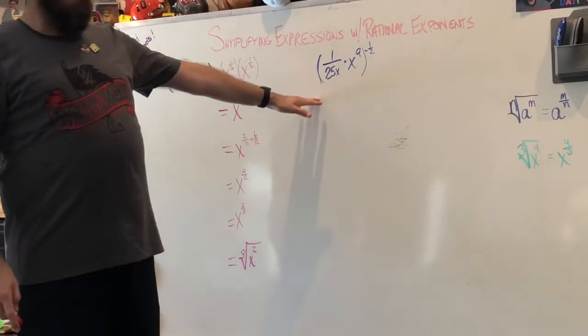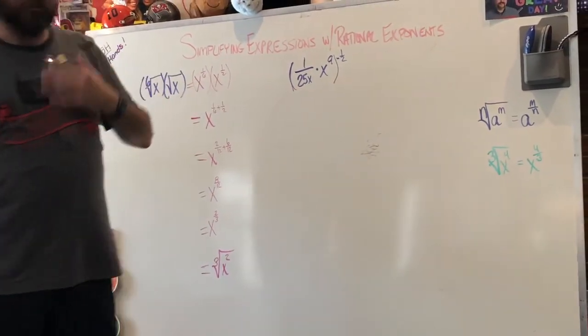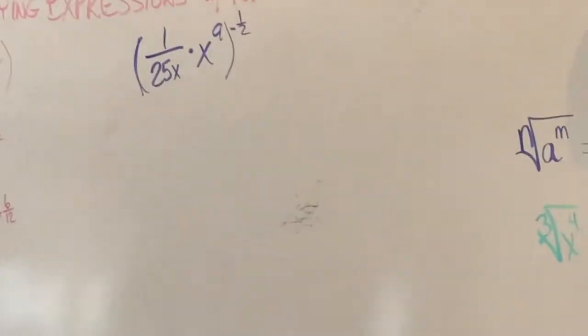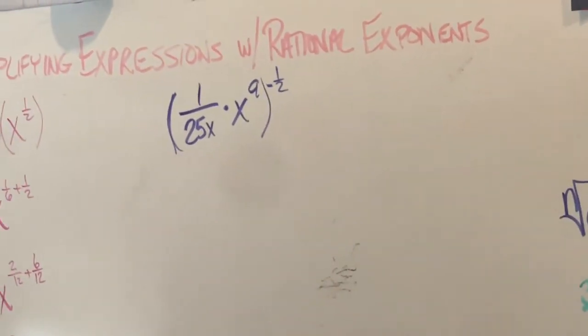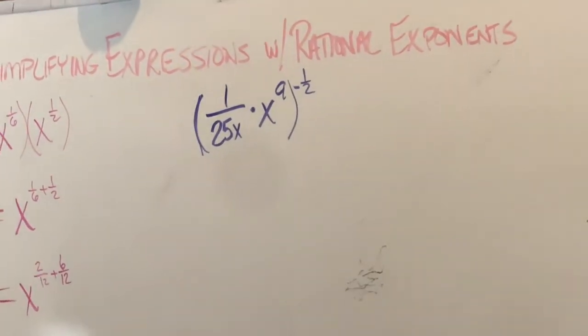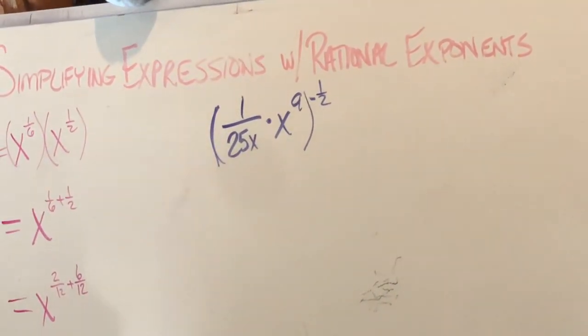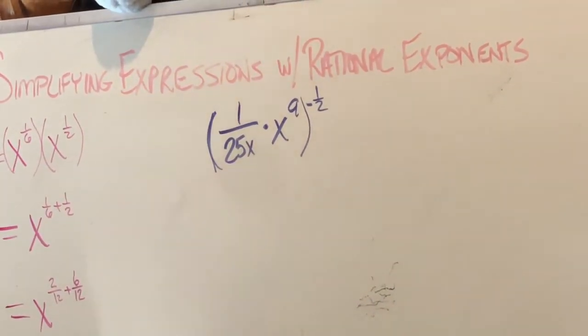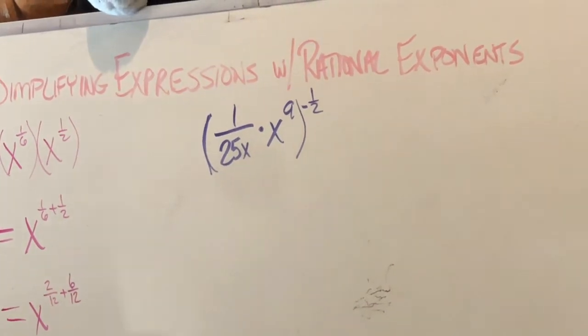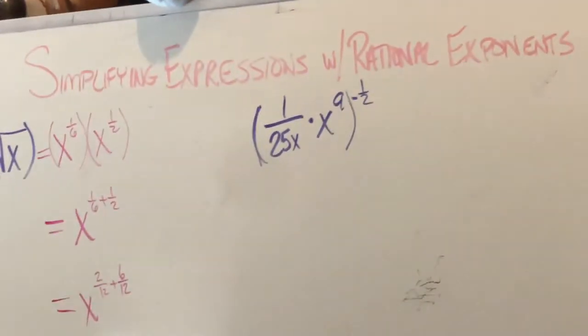Now, over here, this expression doesn't have any radicals in it, but we do have some simplifying that we can do using the properties of exponents we talked about yesterday. We have 1 over 25x times x to the 9th power, all raised to the negative 1/2 power. Again, there are a lot of things we could do first.